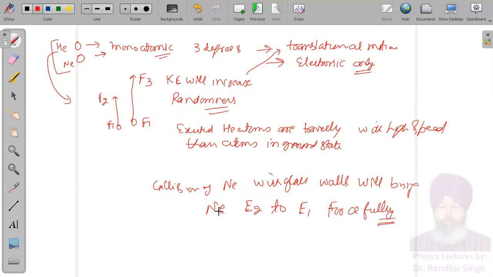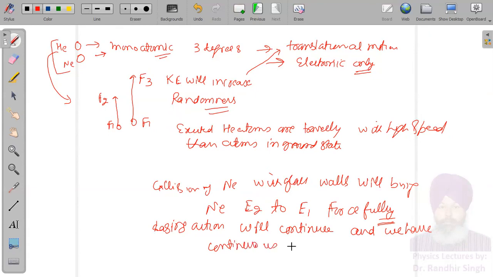This is what we have to take care of, and as a result the lasing action will continue, and we have a continuous beam of light. So I will stop here now.